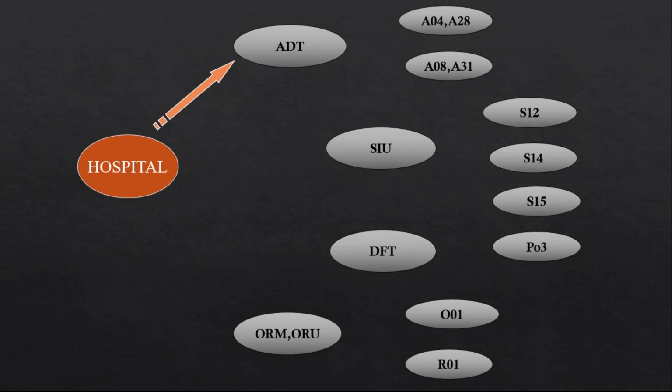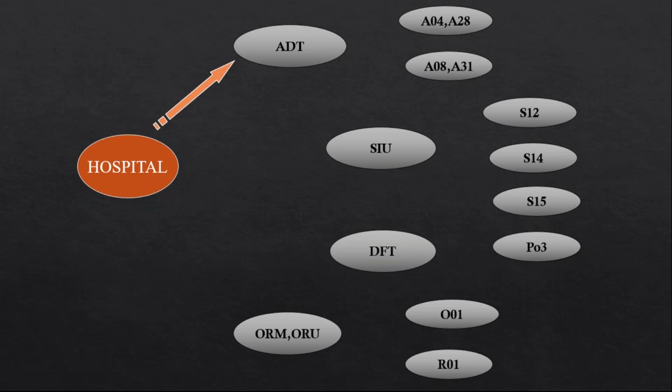So we have an ADT message. In an ADT message, we'll see that we had two events. One is new patient registration, the other one is update of existing patient details. What is ADT? ADT is admit, discharge, and transfer. And then we have A04 or A28 as event types for new patient registration.